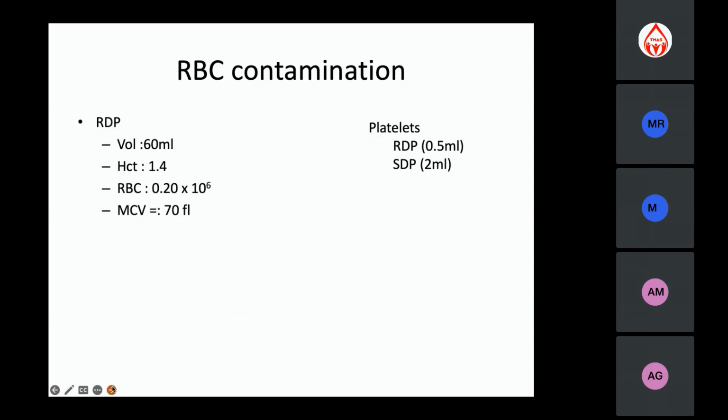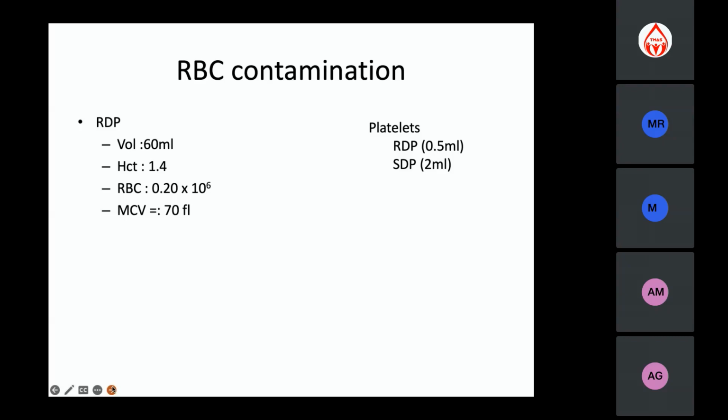The other common thing which is asked is RBC contamination in an RDP or an SDP unit. So the given RDP unit has a volume of 60 ml with a hematocrit of 1.4 percent, the RBC count is 0.2 into 10 power 6 cells per microliter, and the MCV is 70 fL.